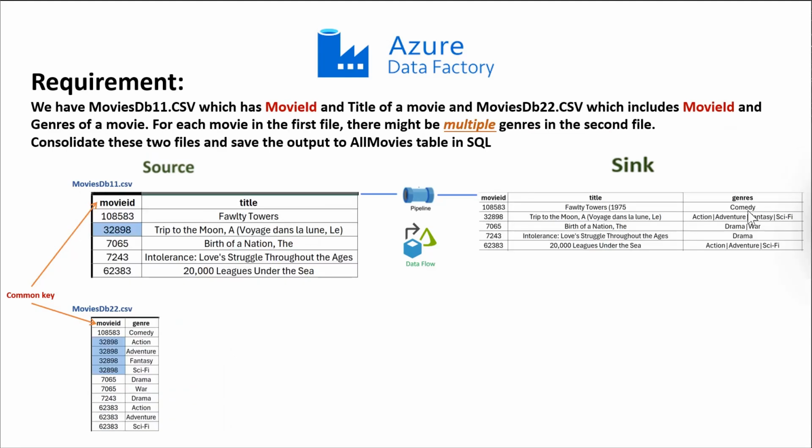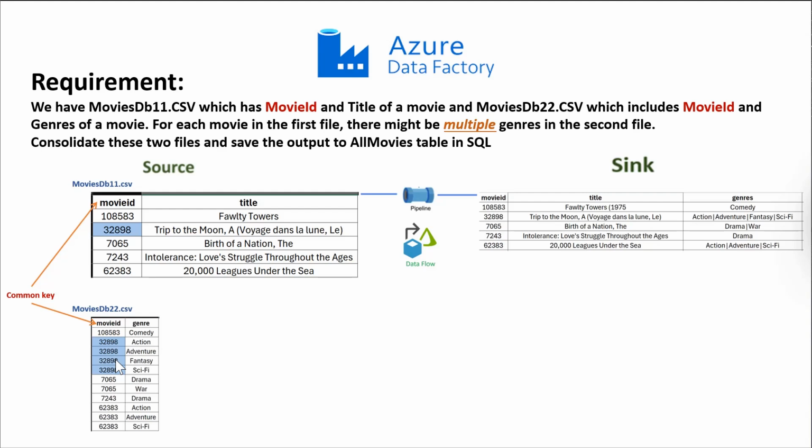Our requirement here is pretty much similar to the previous one. As I mentioned earlier, the only difference here is in the relationship that we've got between the first data file and the second one. It is a one-to-many relationship. So if you look at the sample in this slide, in the first data file we've got movie ID and title.